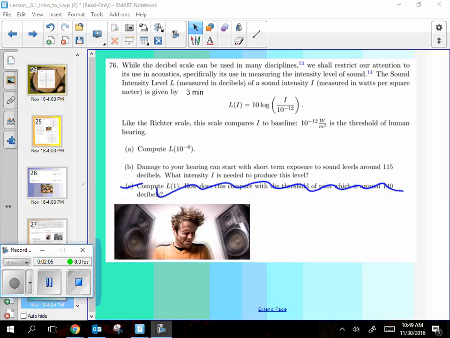Because I bet none of you have an idea of how many decibels are coming out in your ears at any given moment. You have your headphones on, you're looking at the little meter, and it's at, I don't know, three-quarters of the way, but you have no clue how many decibels that is.